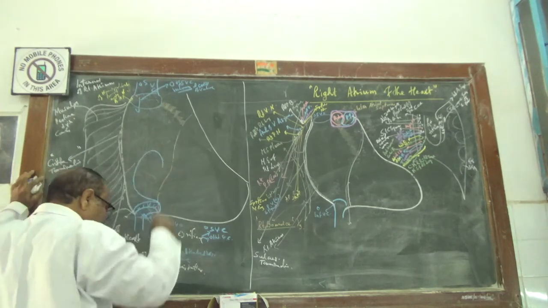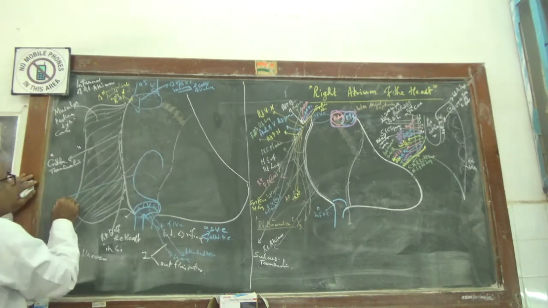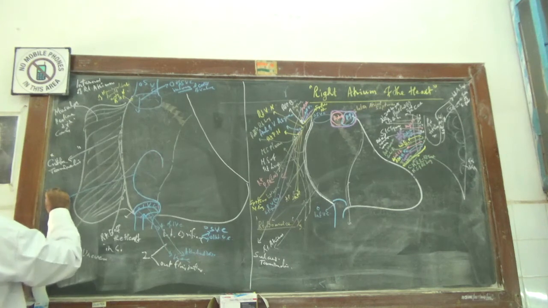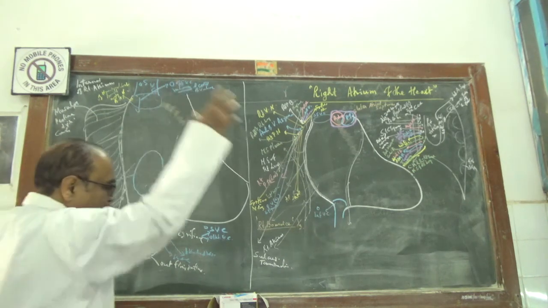This gives the beginning of one part which will be there like a ridge, that is the limbus of the fossa ovalis.